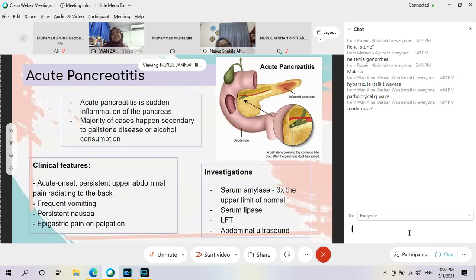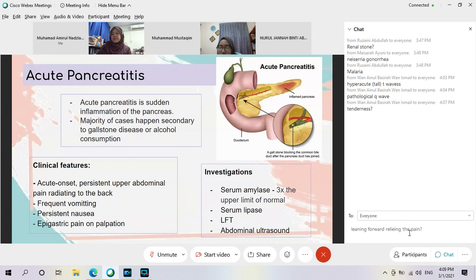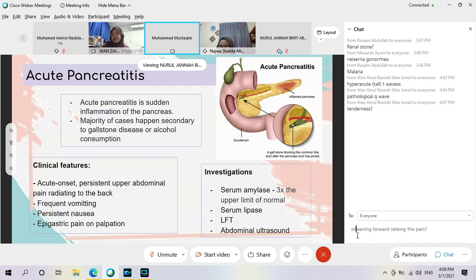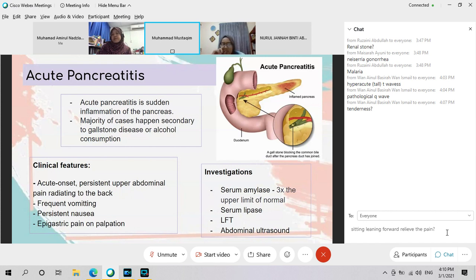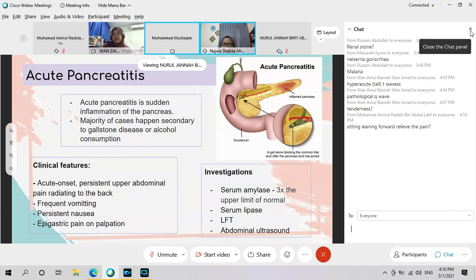Soalan turun-temurun. Oh, itu pancreatitis lah. Classical symptoms dia. Rise in jaundice. Tak. Diabetes. Rise in glucose level. Tu Amirul Nazla jawab betul.